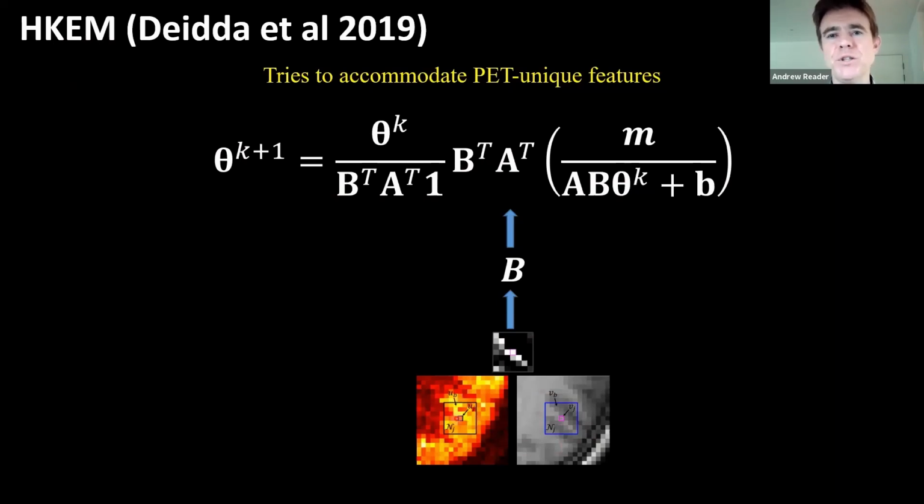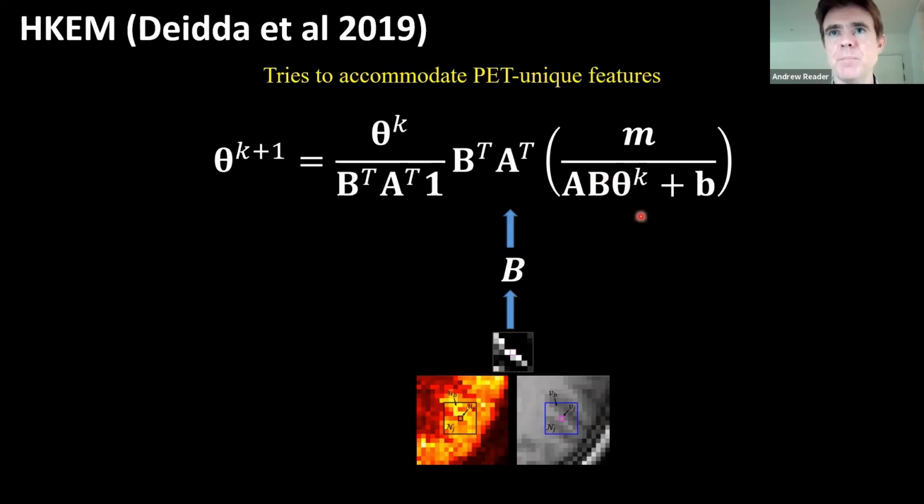And of course, there are many ways of doing this. You know, I'm showing it here as a simple product, but you could use a longer feature vector for the comparison here in your similarity map. Whatever way you choose to do it, you can combine PET and MR information into a similarity map and use that, uniquely calculated for every single pixel in the PET image, to generate your basis function matrix.